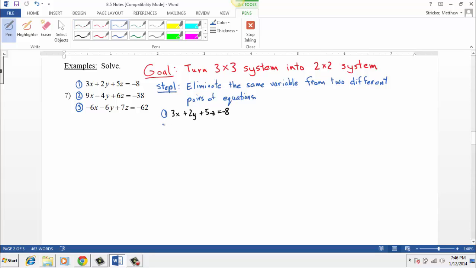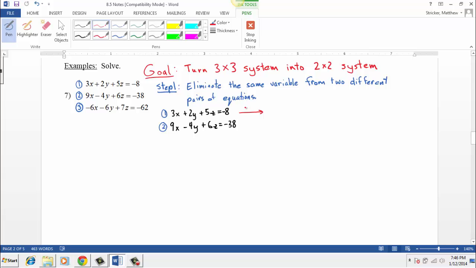And I take equation 2, the 9x minus 4y plus 6z equals negative 38, and I multiply the top equation by what?